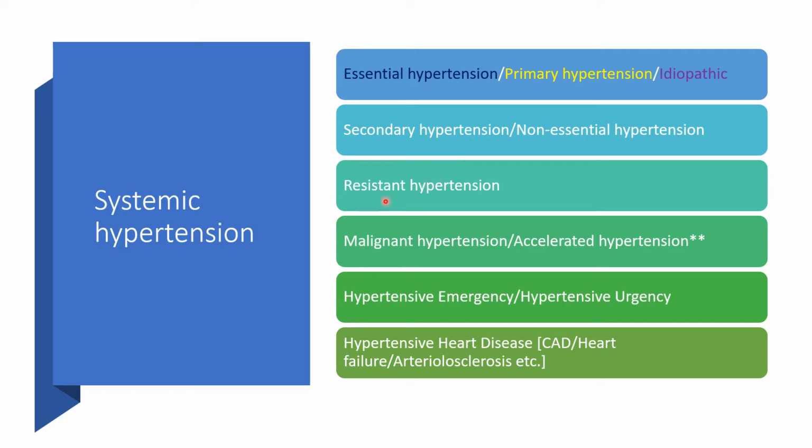That could include resistant hypertension. I will not waste your time, we'll get to that. Malignant hypertension or accelerated hypertension, we'll get into that. Hypertensive emergency or hypertensive urgency, we'll get into that. Hypertensive heart disease, coronary heart disease, heart failure, atherosclerosis, we'll also get into that in a bit.